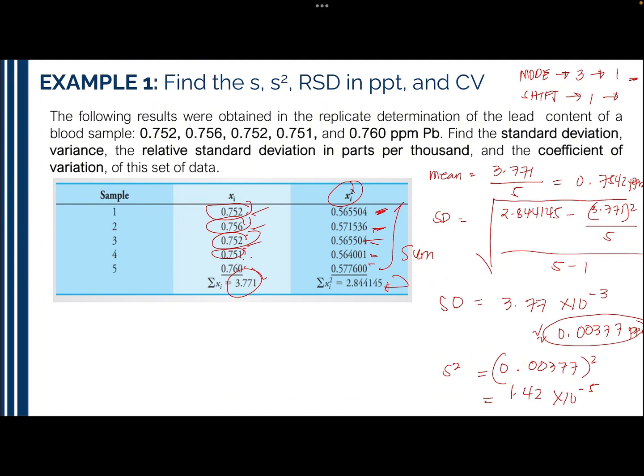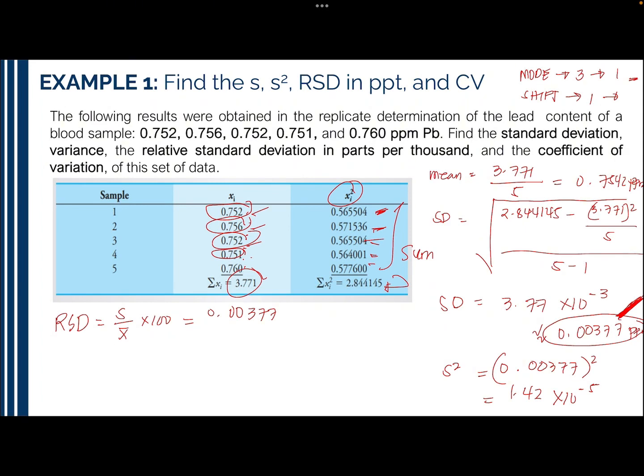To calculate the RSD, the formula is standard deviation over mean times 100. Standard deviation here is 0.00377. By the way, for numbers that do not yet follow significant figures, use those for succeeding calculations.